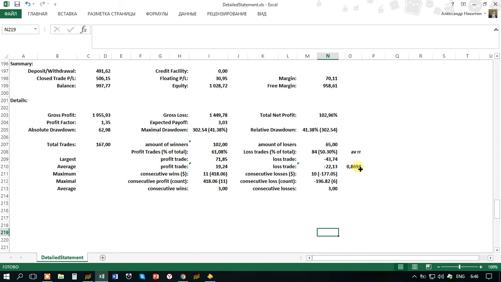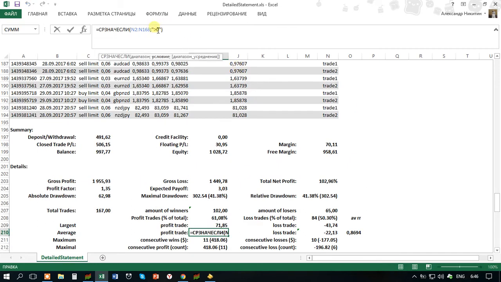So on average, I'm winning less. Why is this number what it is? Because I calculate 0 as a winner. If I don't calculate 0 as a winner here, yes, then I will have a bit different result. Let's put it this way.